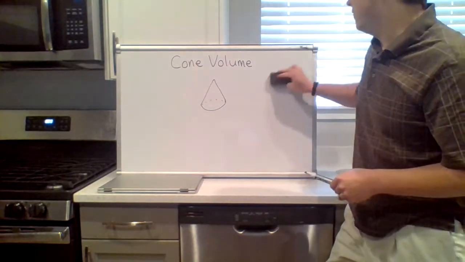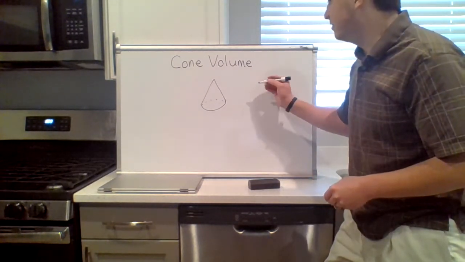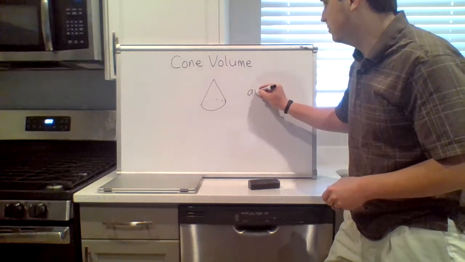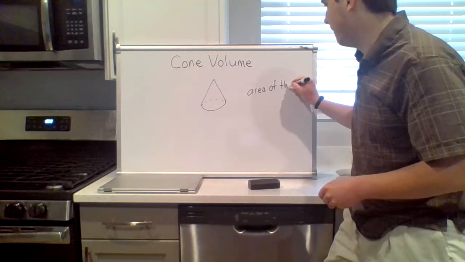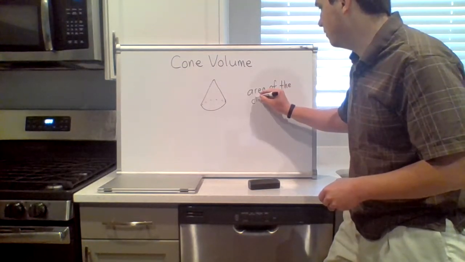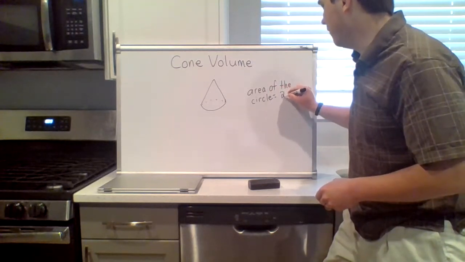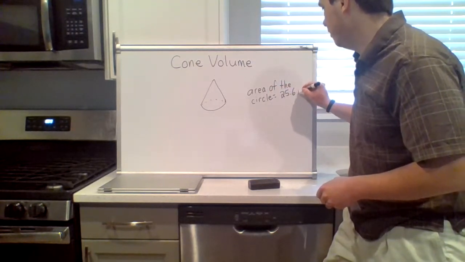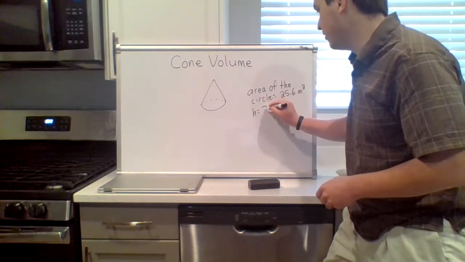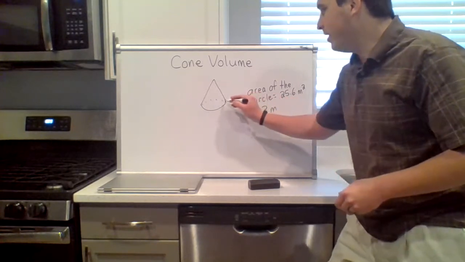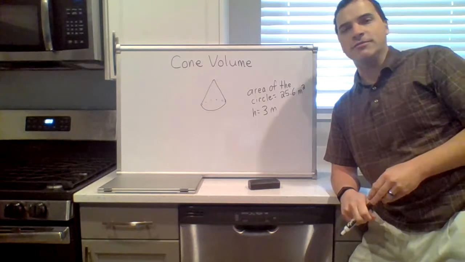What if they give you the area of the base, the area of the circle, is, let's say, 25.6 meters squared with the height of 3 meters. So they tell you how much the area of the circle is at the bottom. They tell you how tall it is, and then you can find the volume.